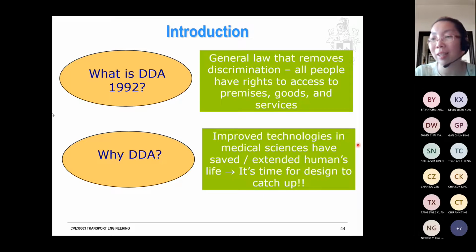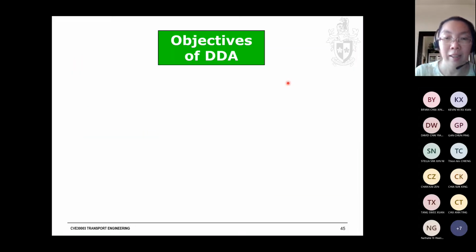The last I checked, lifespan is about 75, 76. For women, it is about 76, I think. For men, slightly shorter. Sorry to say, but that is general again. If a person takes care of his or her health, then generally we see that the lifespan is longer. And therefore, time for our design to catch up.